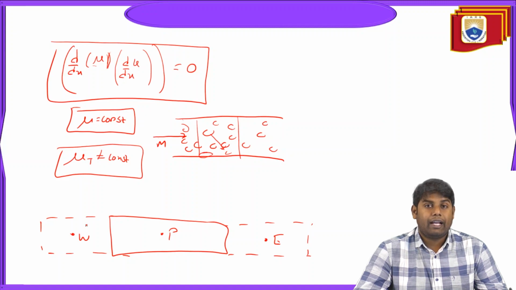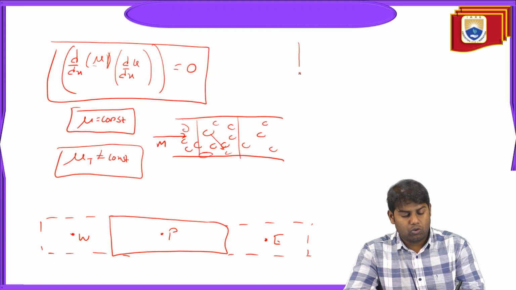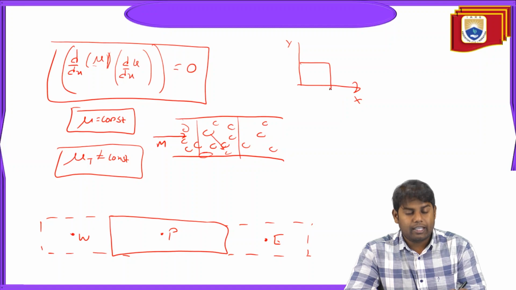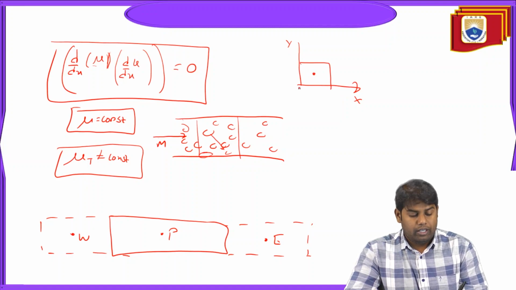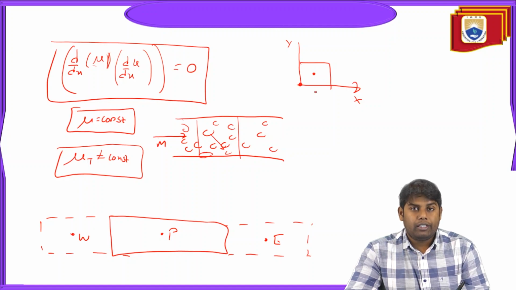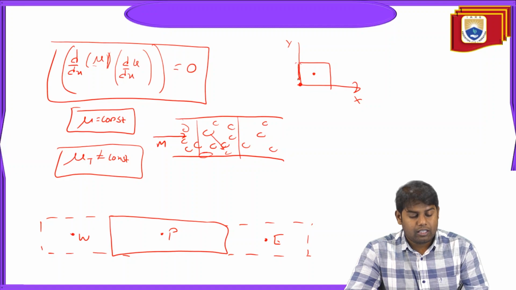If we take it as x, y, let us take this as the centroid. Here along the grid points, let us take the velocities as stored: u velocity, v velocity values are stored at the grid points. At the faces, the pressure value is stored.